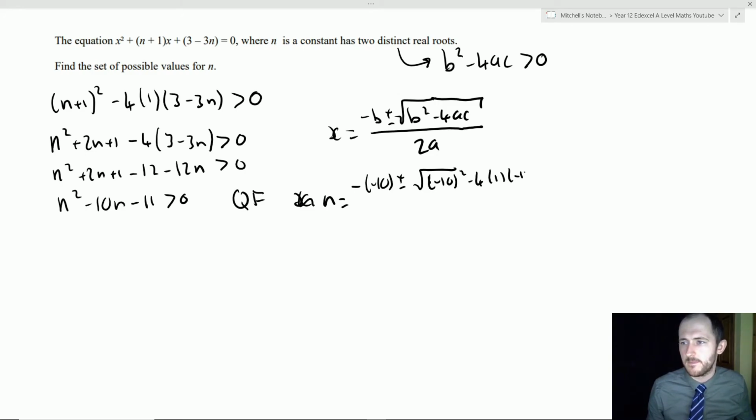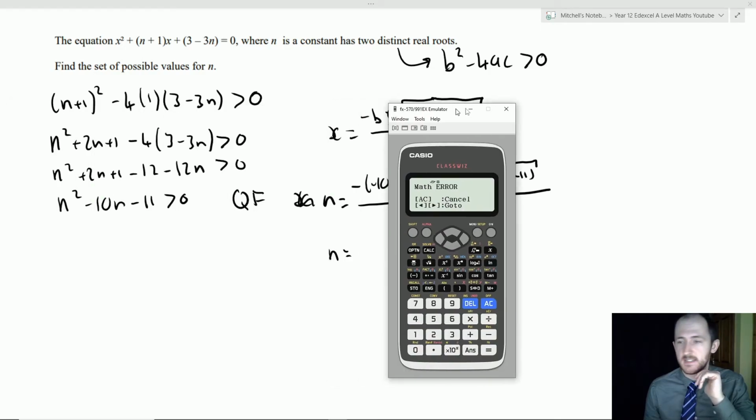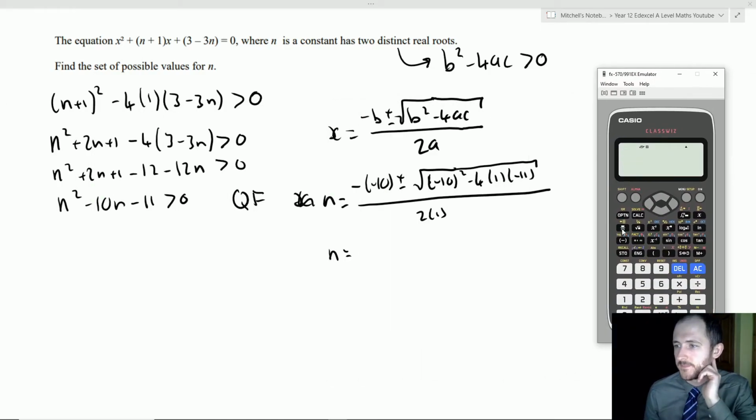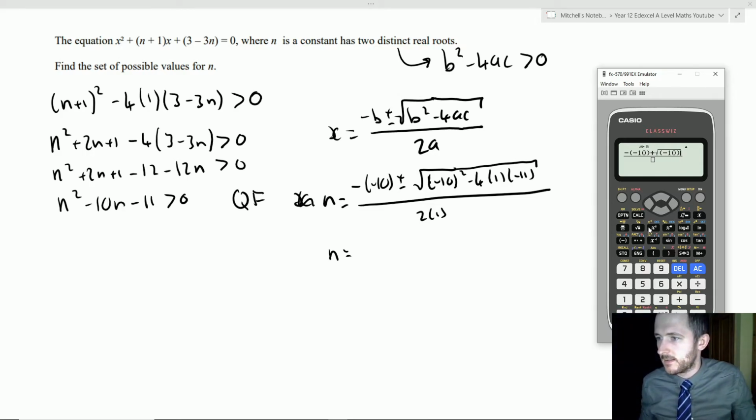There we are. Now you could use your calculator, so that's one way to do it. Or you can simplify this and get the surd. Again, it really is up to you. I can type this in, minus, wait, can I? Oh my goodness, okay. I'm learning more about this calculator every day. Plus, square root I don't know how to do on the keyboard. Minus 10 squared.